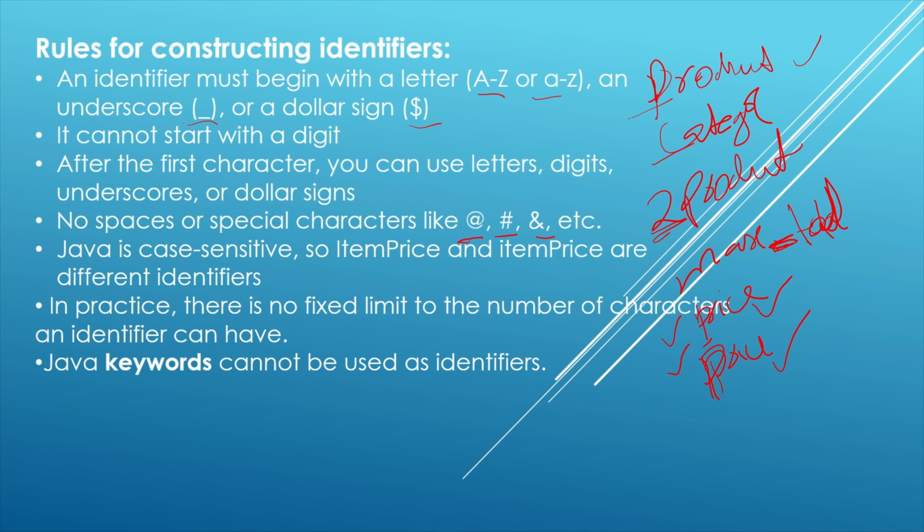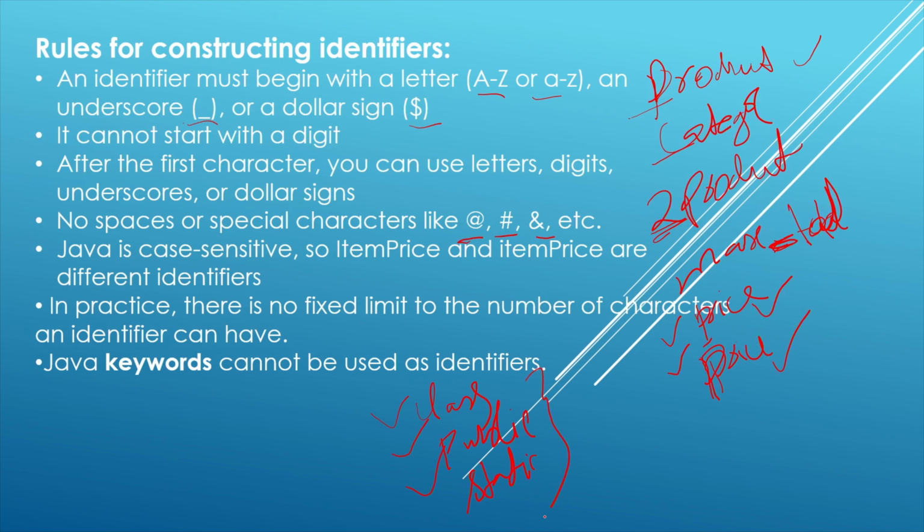And the final rule is Java keywords, we cannot use them as identifiers. Example, we have seen some keywords like class, public, static. The whole Java language has 50 keywords. So we cannot use any of those 50 keywords as our identifiers, as a class name or method name or variable name or interface name, any of those user defined identifiers.